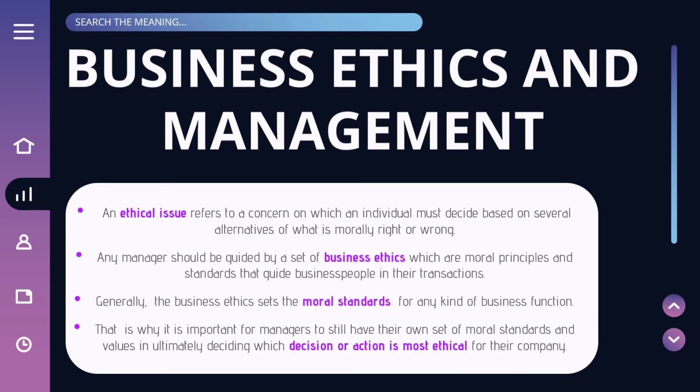Business ethics and management. Business ethics refers to the standards for morally right and wrong conduct in business. Ethics in business is important because that's where we can see how organizations or companies handle a situation that requires moral decisions.